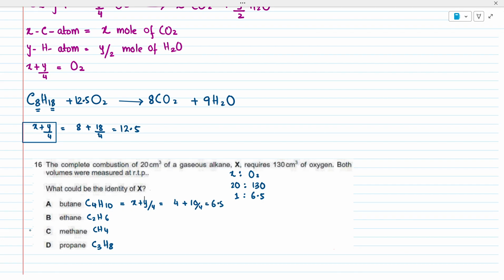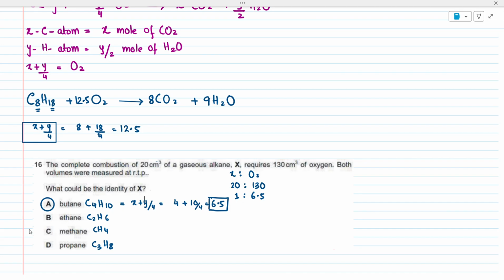We will solve this and get the ratio. It means that, by calculating the ratio from their volumes, we know that 1 mole of alkane reacts with 6.5 moles of oxygen for complete combustion. So by applying this factor, we find out the identity of X, and we find that butane is the alkane.